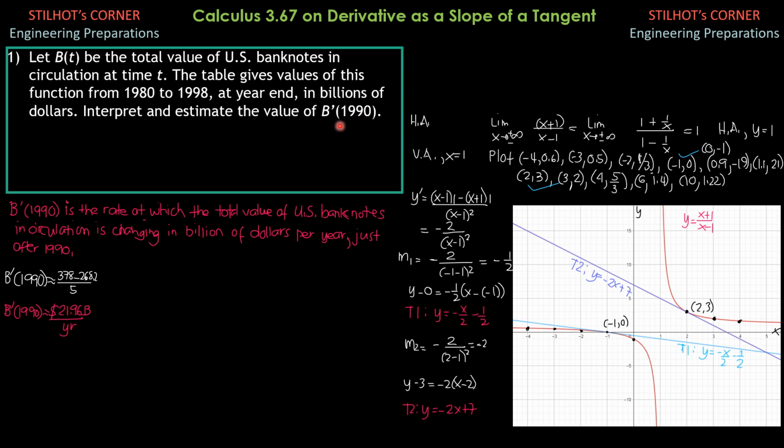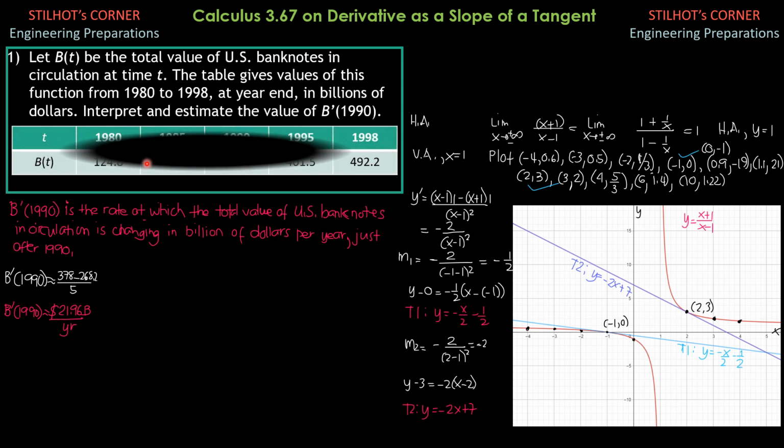So the geometric interpretation is that it is the slope of the tangent to the curve at 1990, but practically speaking, it is the rate at which the total value of US banknotes in circulation is changing in billions of dollars per year just after 1990.